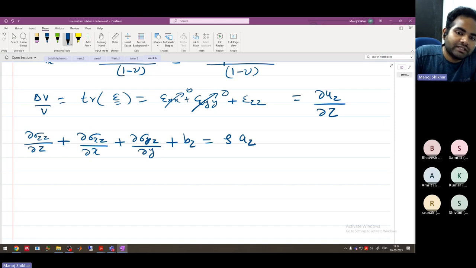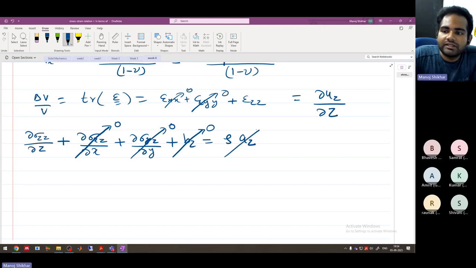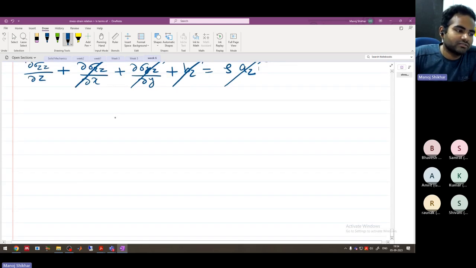Okay. We know that sigma xz is 0, so this becomes 0. We know that sigma yz is 0, this becomes 0. There is no body force given, so this is 0. And rho az: az is 0 because they have not given any acceleration.